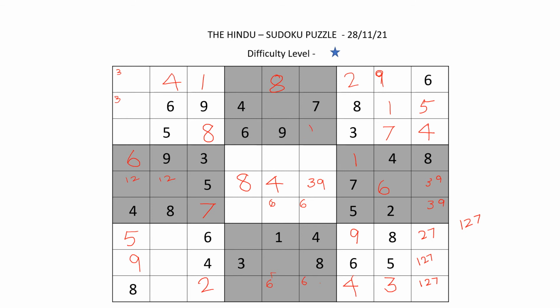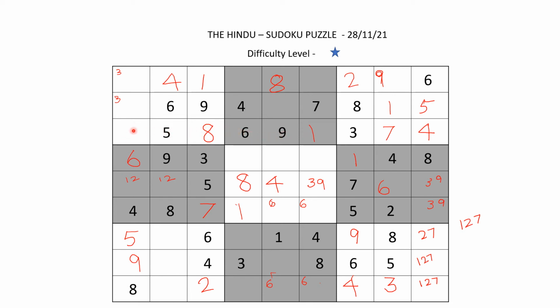Now this cell blocks here, this one blocks here, this one blocks here, and this one blocks here. So obviously this cell takes 1. So once we got this 1 here, now there is only one missing number in here, that is 2.